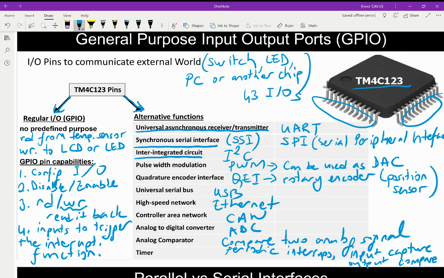These are serial interfaces, and our microcontroller has 8 UARTs, 4 SPIs and 4 I2C ports, and we have 2 pulse width modulation interfaces, and we have 1 USB, 1 Ethernet, 1 CAN, and 2 ADCs with 12 bits each.